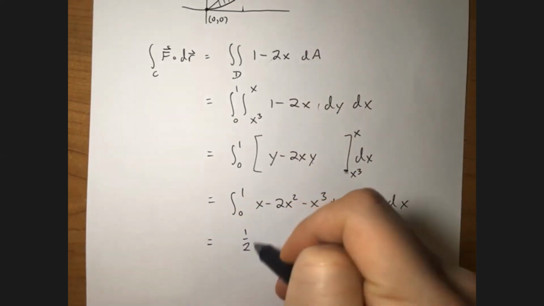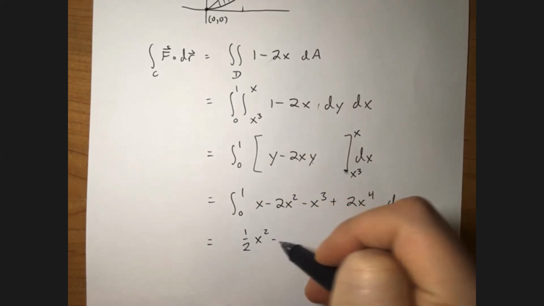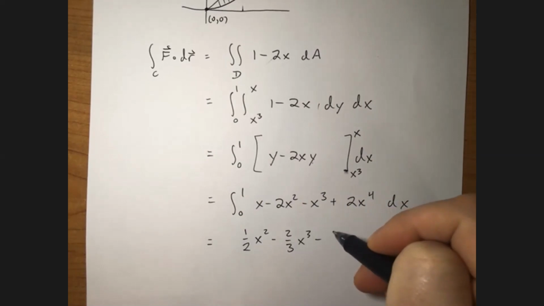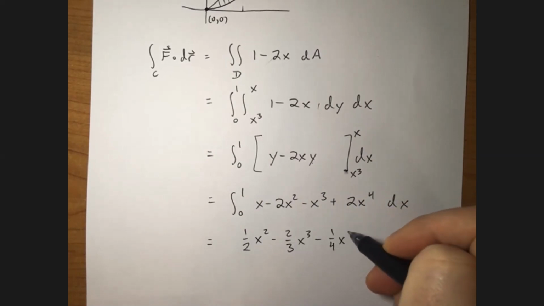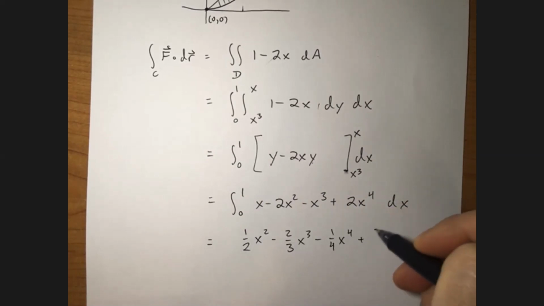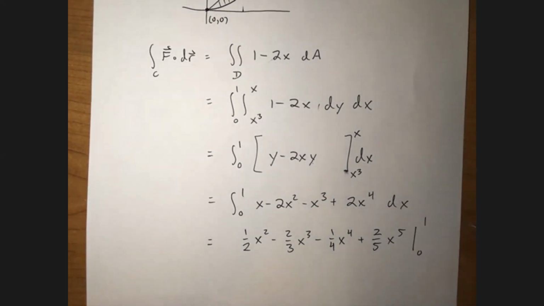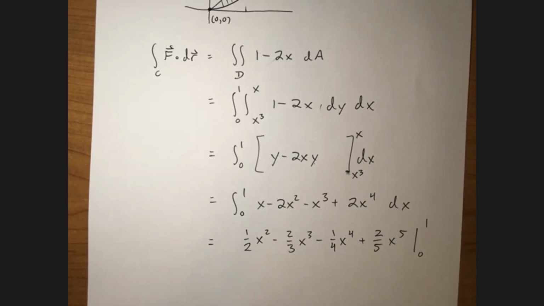So that's going to be, just find the antiderivatives. And then evaluate it from 0 to 1. Well, when I plug in 0, I just get 0. So that's nothing. I just have to plug in 1 here. So I'm going to get 1/2 minus 2/3 minus 1/4 plus 2/5.